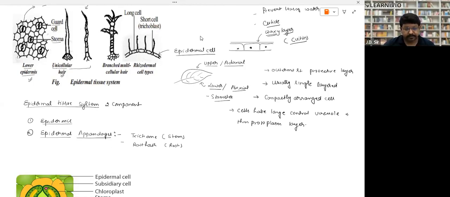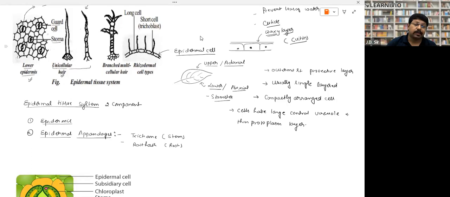Next point. The outer wall of epidermis is covered with cutin.